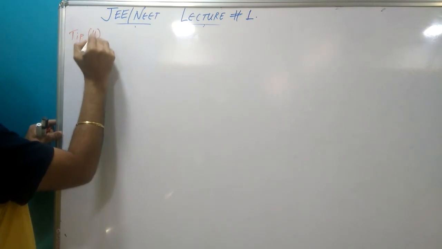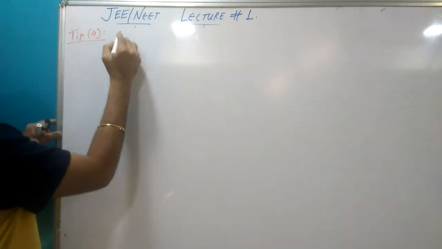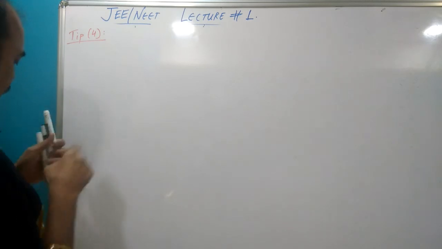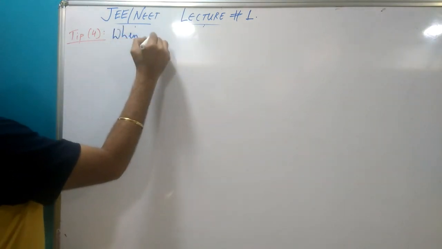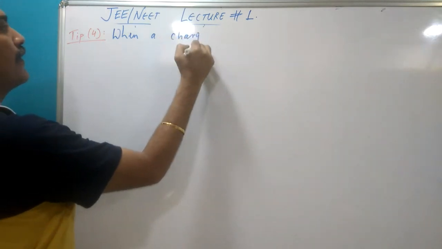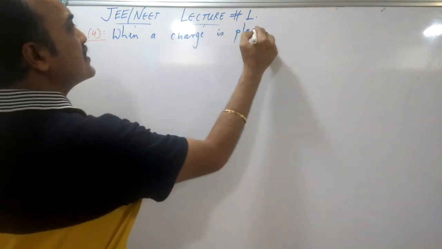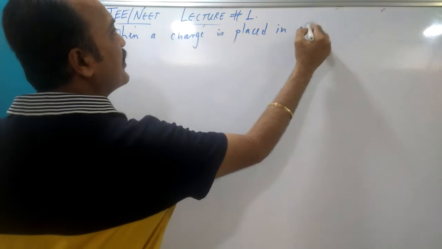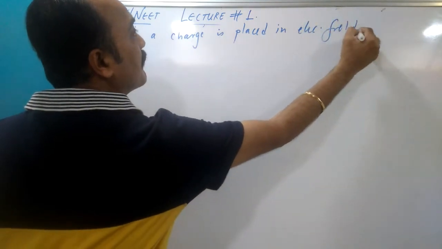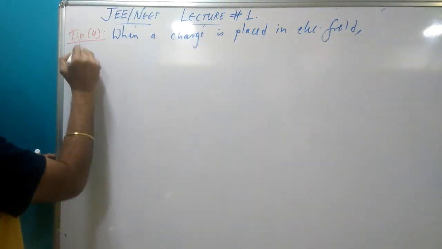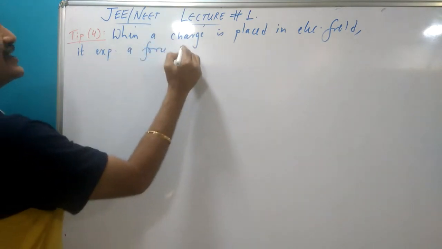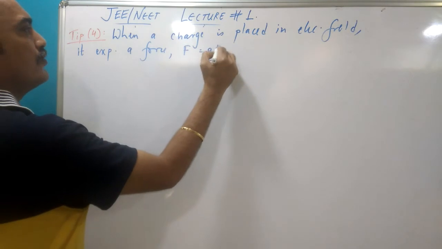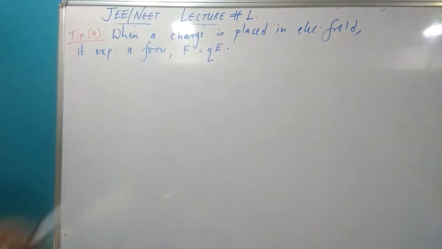But it's a big question whether you remember. So, if charge Q is placed in an electric field, it experiences a force which is given as F is equal to QE.